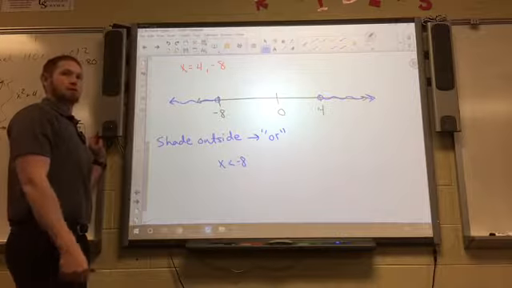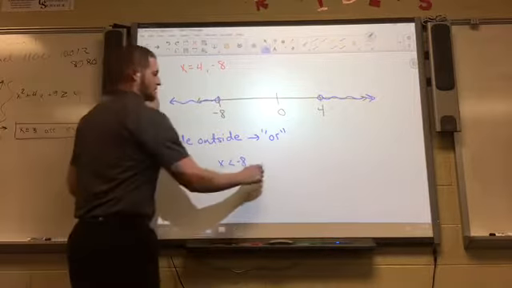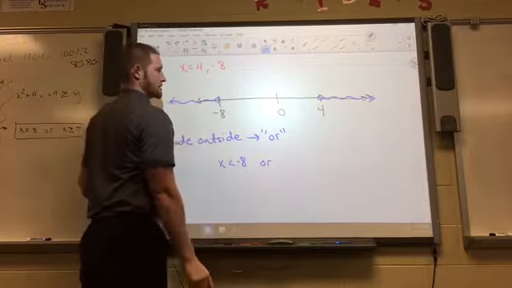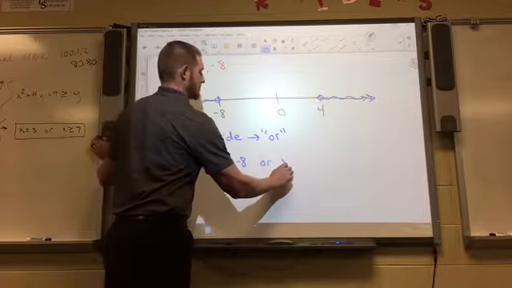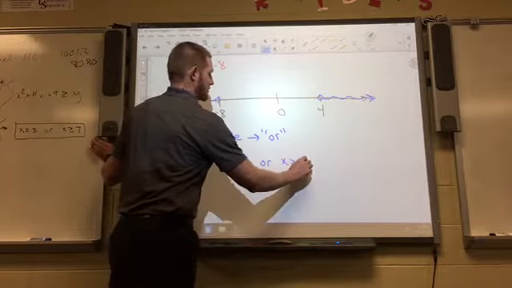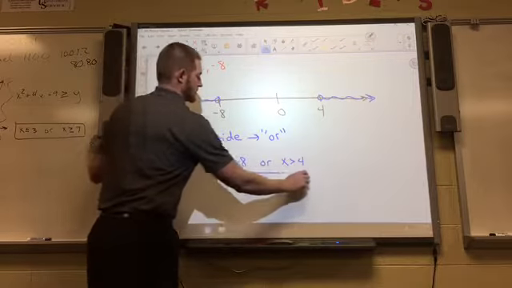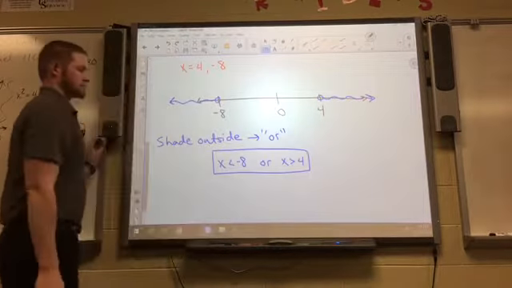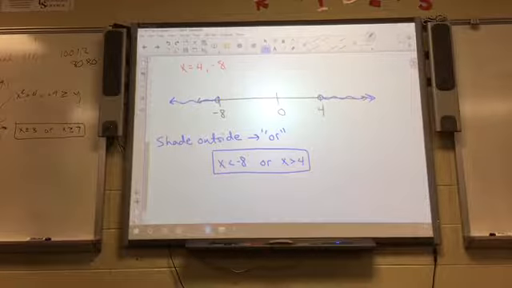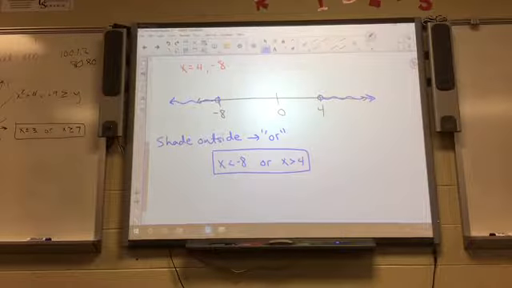So my solution has to be either less than -8 or, where else might it be? Greater than positive 4. If I picked any numbers less than -8 or any numbers bigger than 4 and plugged them in, it would work.